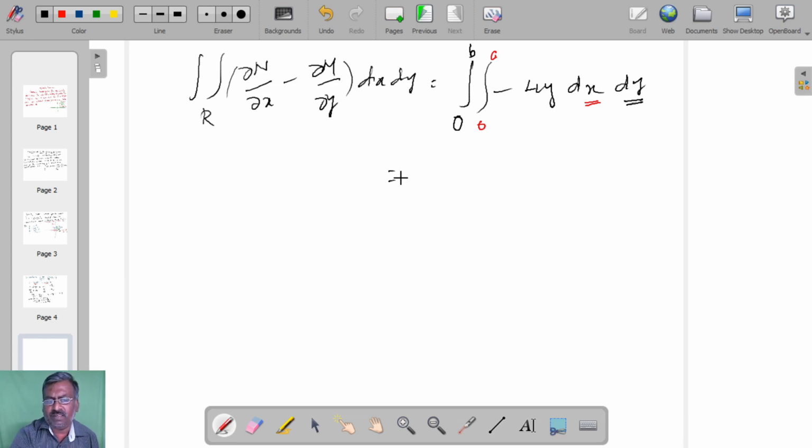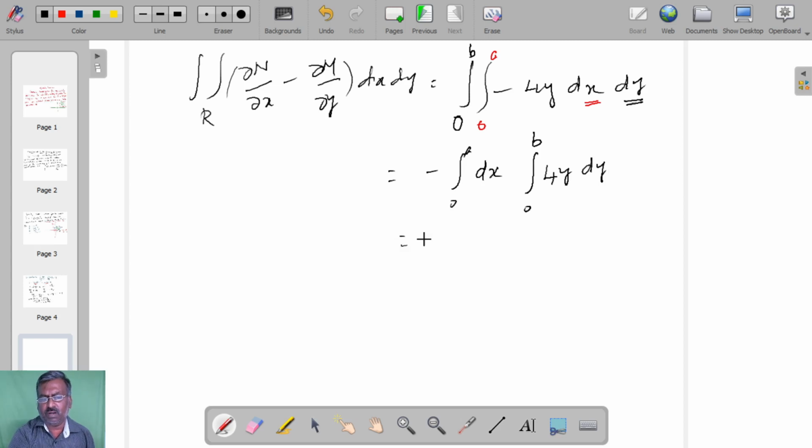For example, the limit for x is 0 to a, and the x variable is dx, with the minus in the front. Now the next limit is 0 to b, and the y part coming here is 4y into dy. Like this way we can write the double integral as a product of two single integrals.